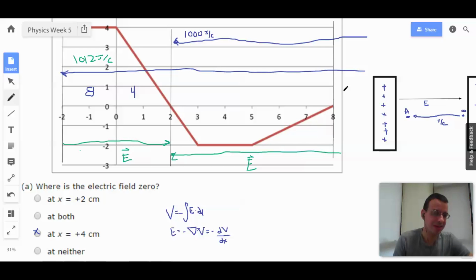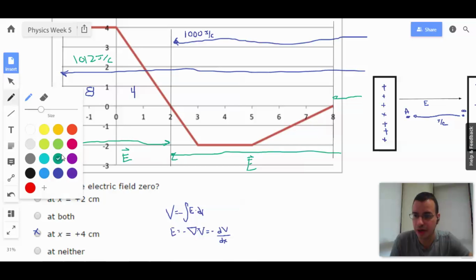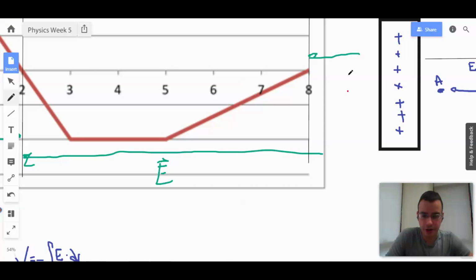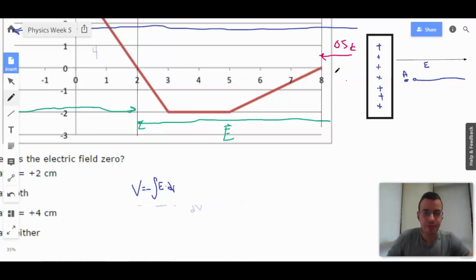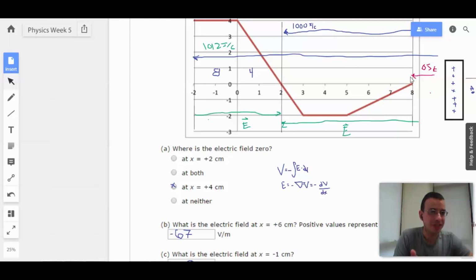So to take a particle from infinity to 8, I'm going to switch over to magenta. All right. To get from infinity to 8, I'm going to say it takes us 0 joules per coulomb. Because we don't know what's out past there, we'll just say it flatlines.